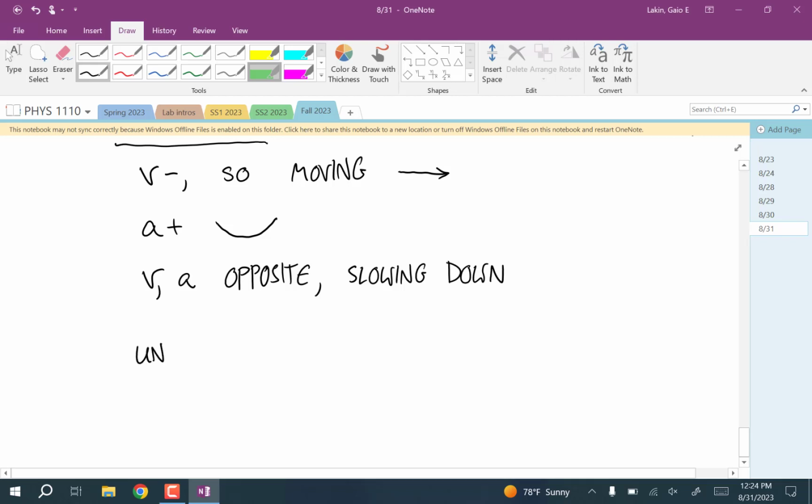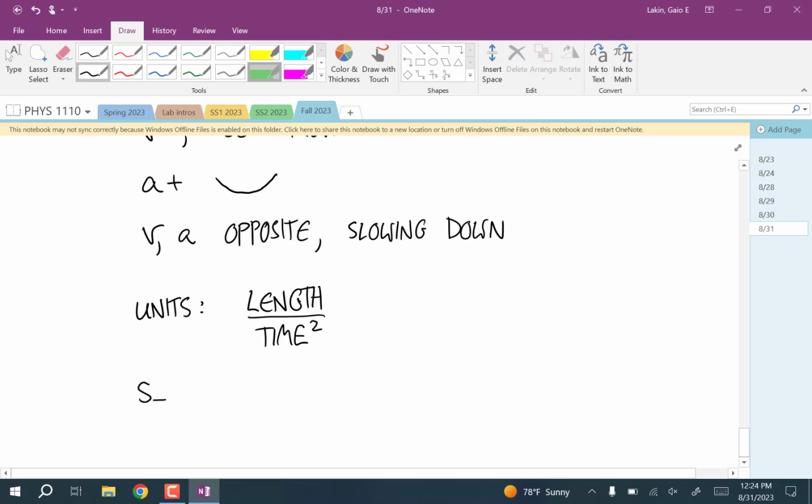Units for acceleration are units of length divided by units of time squared. So that could be, you know, miles per hour squared or millimeters per year squared or whatever.